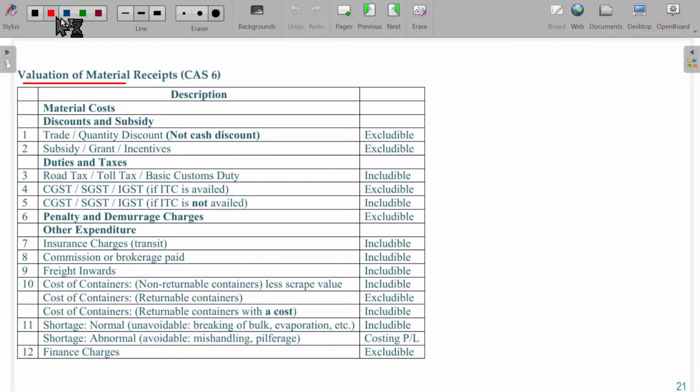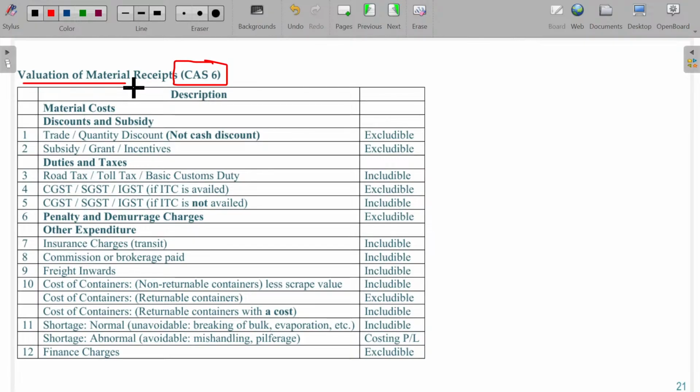So, for CMA students, this valuation of material receipt is given under Cost Accounting Standard number 6. This CAS 6 is not required for CA students, but it may be asked in the CMA exam, right? Because this CAS is developed by the CMA Institute only, so they need these things to be incorporated in your examination.